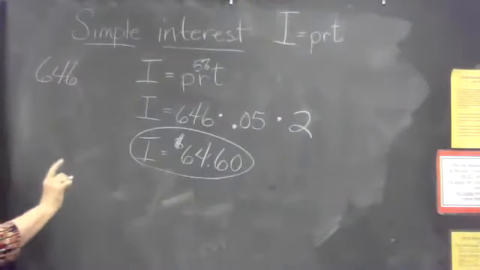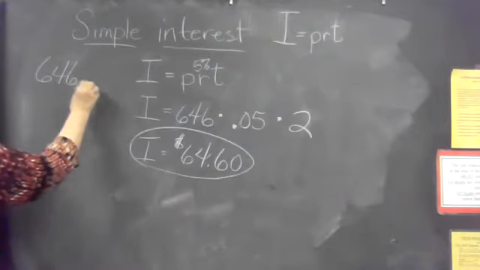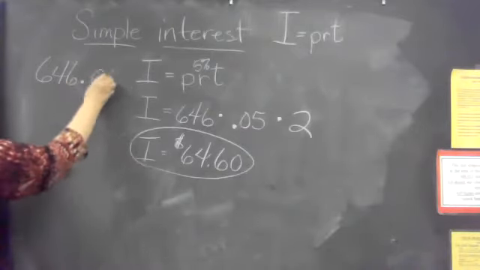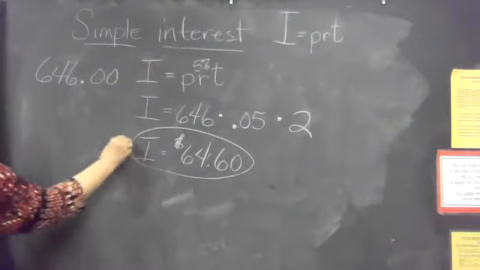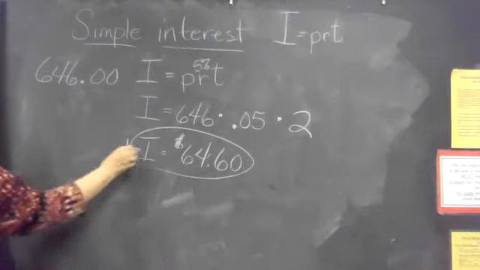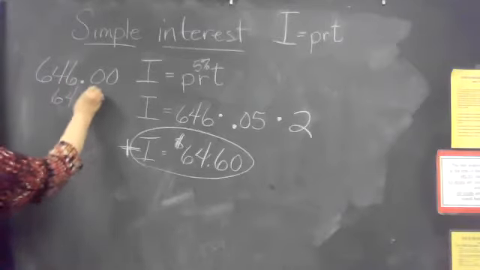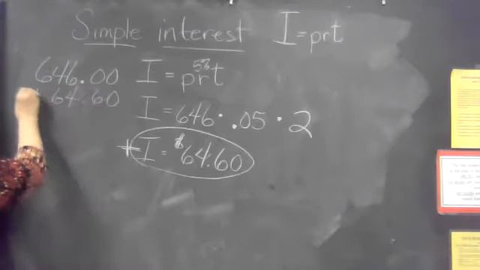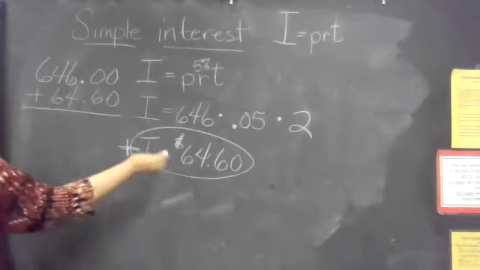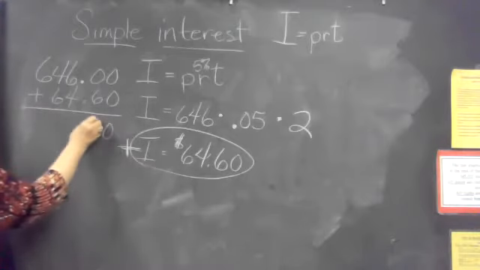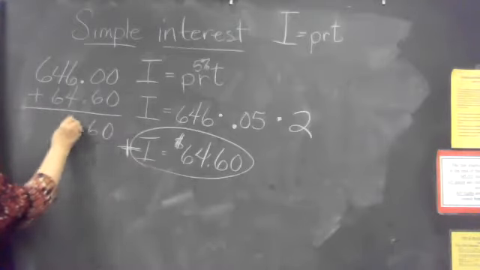We had $646, and that's ours. They're not going to take that away. But they paid us this in the savings account. So now we have 64 added on to that. So at the end of 2 years, our savings account is going to look like this.